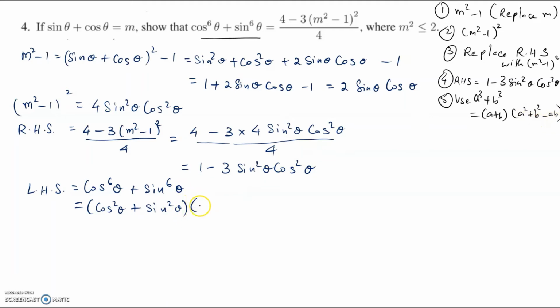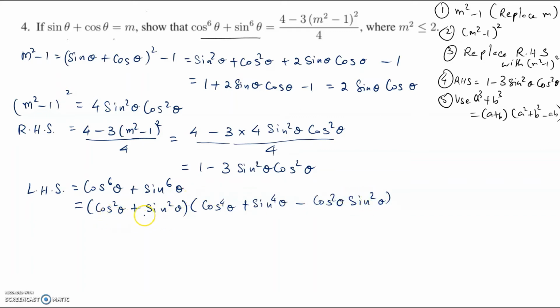So our a here is cos squared theta, so square of that will be cos to the power 4 theta plus sine to the power 4 theta minus cos squared theta sine squared theta.